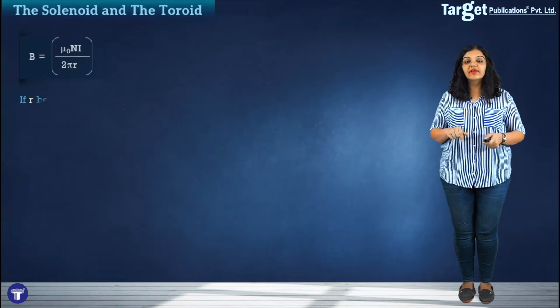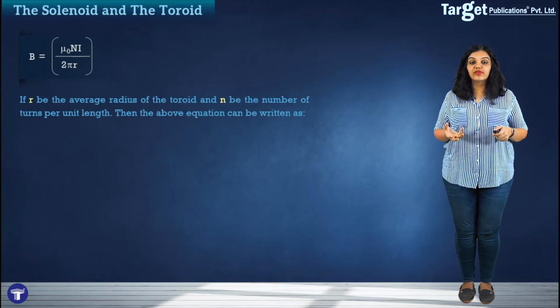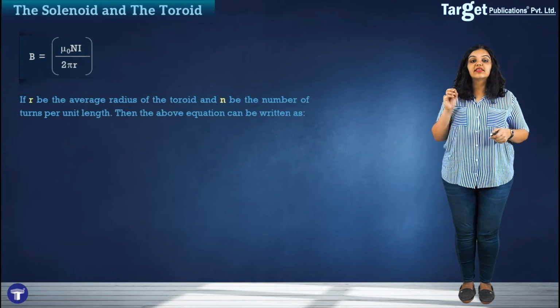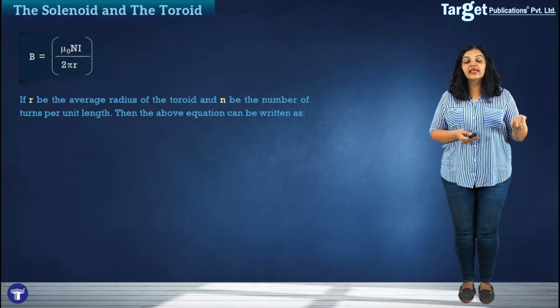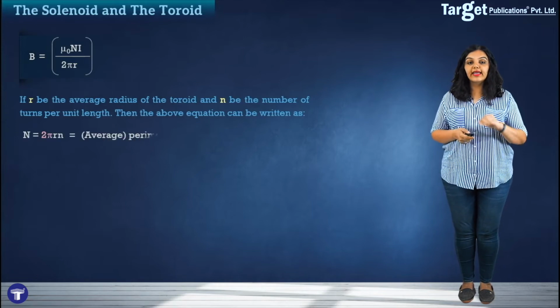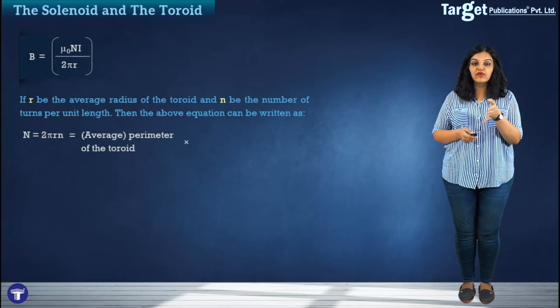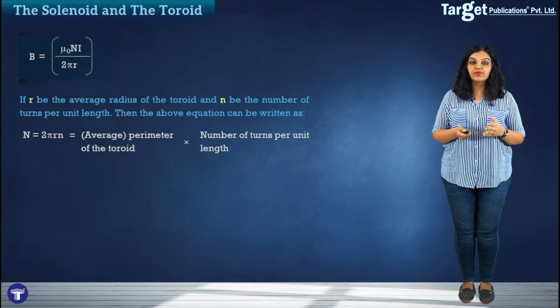Now I can actually simplify this equation. I say that if r is the average radius of the toroid and small n is the number of turns per unit length, then I can just write capital N, which is the total number of turns, as 2 pi r n, and therefore I can say that the total number of turns is equal to the average perimeter of the toroid into the number of turns per unit length.